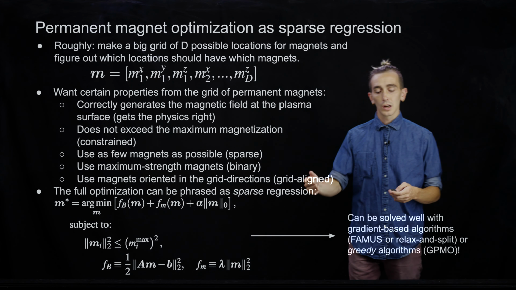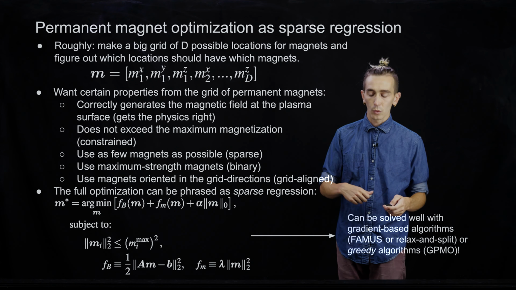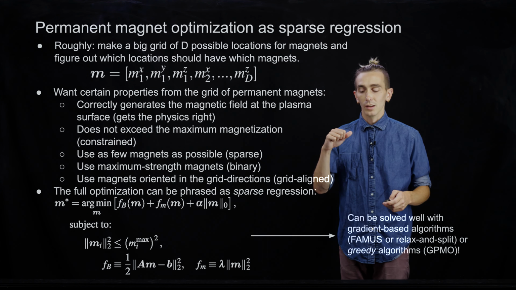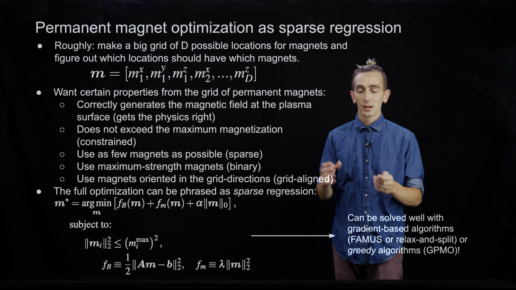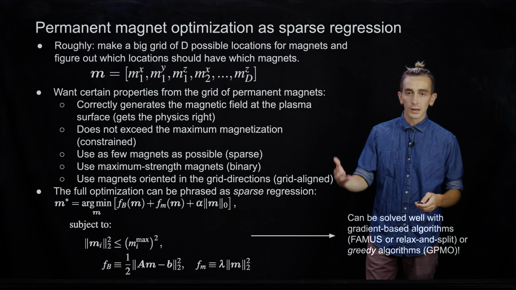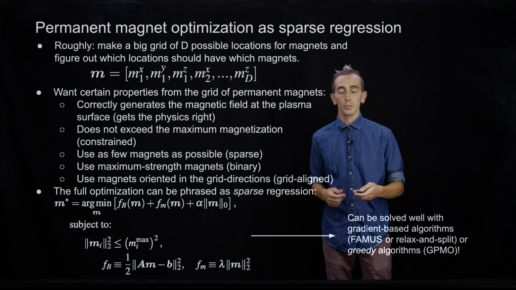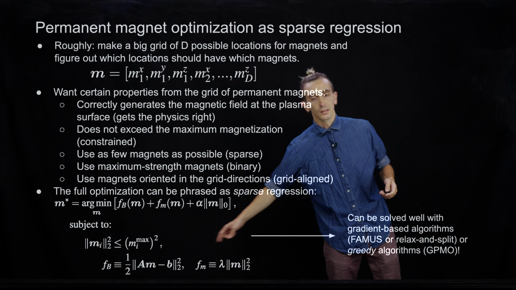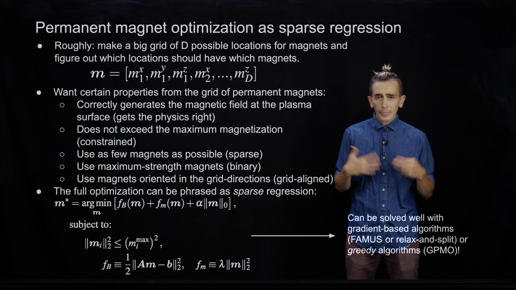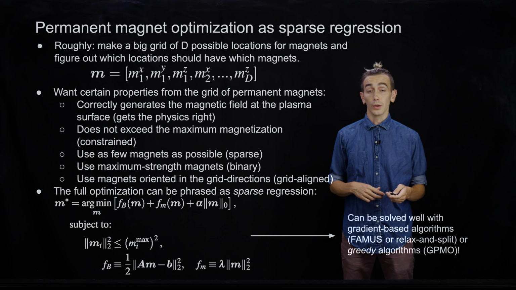Then at the next iteration, you imagine, okay, there's already one magnet, so now place the second magnet subject to that new configuration that again is binary, grid aligned, and most contributes to minimizing this f_B where all the physics is. And it turns out these greedy algorithms work really, really well.